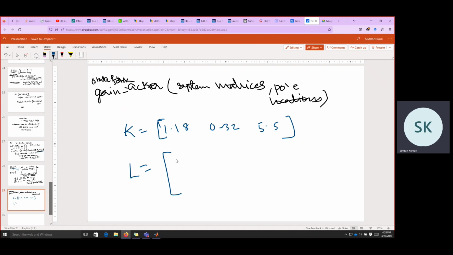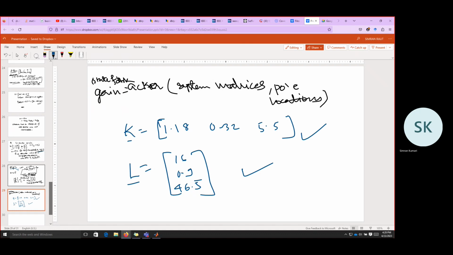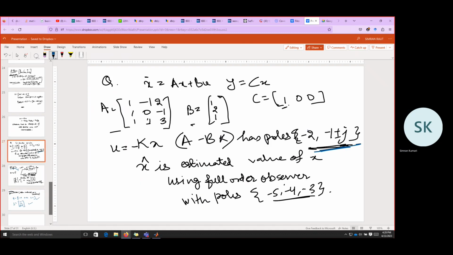And for L, we have 16, 0.9, and 46.5. Okay, so we have found K and L, and when we apply this gain, then the system has poles in the left half plane, that means it's stable and controllable, so it will have performance corresponding to these poles, and for the observer these are the closed loop poles.